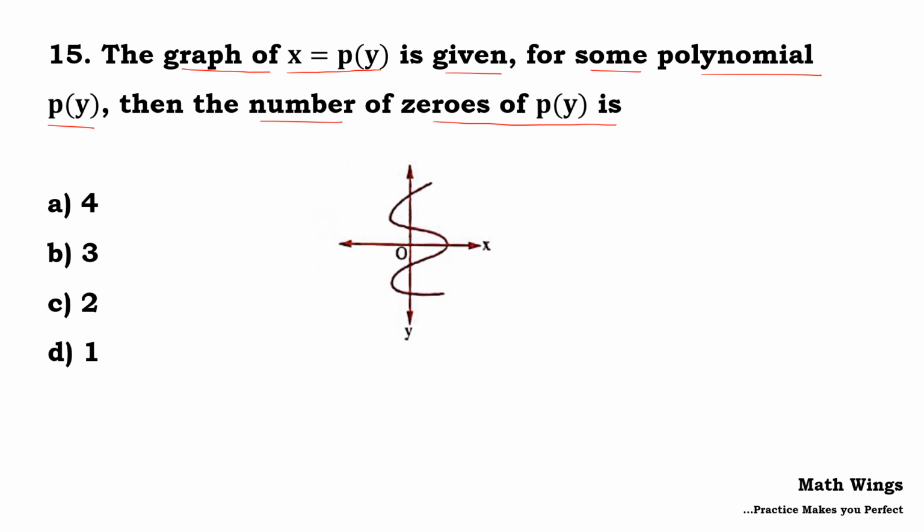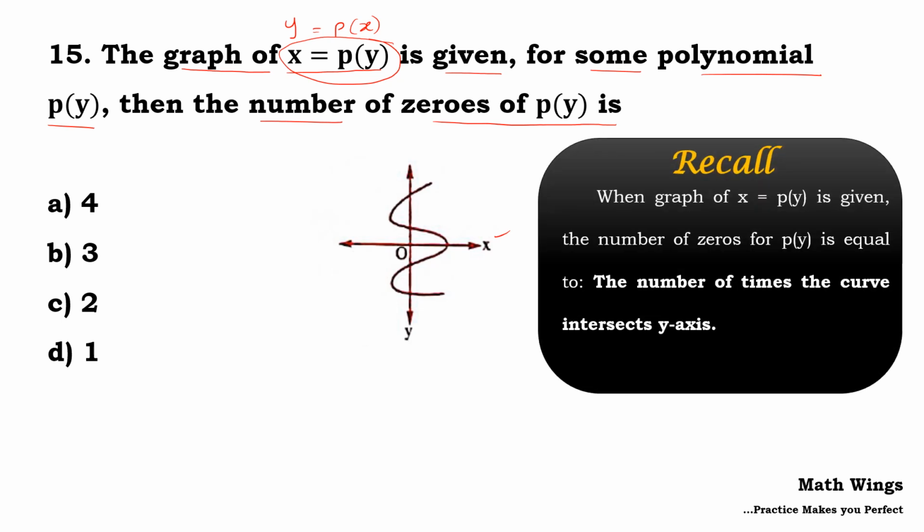So previously we had seen the graph for y is equal to p of x, and we have written the zeros based on where the graph intersects the x-axis. So here we are given x is equal to p of y. How can we find the answer for this one?